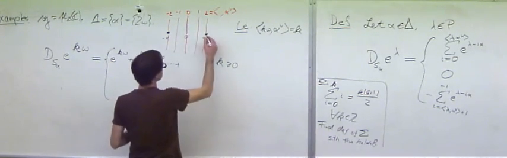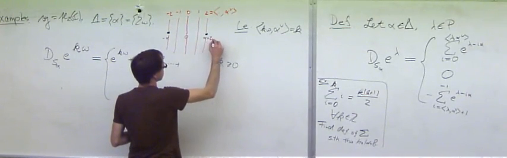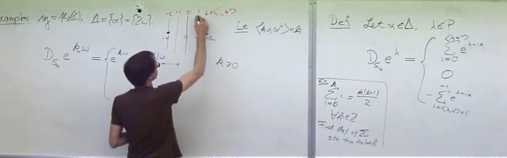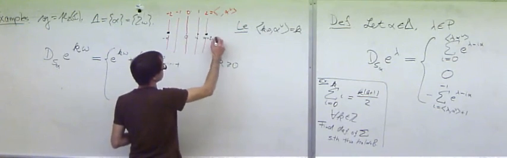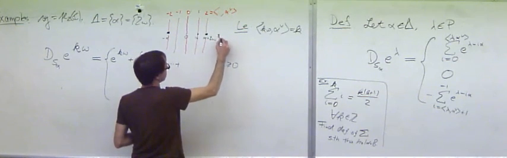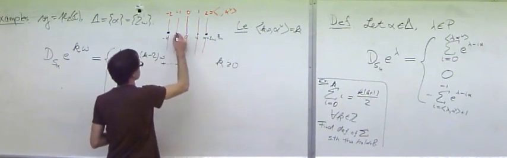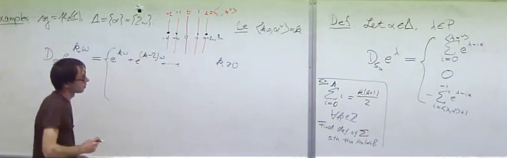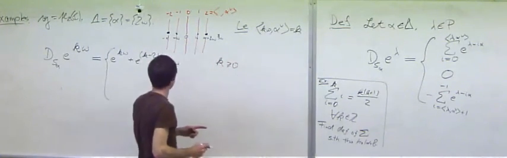Alpha equals 2 omega, so there is omega on the level 1 hyperplane, alpha on level 2, and so on. That's 3 omega, minus omega.